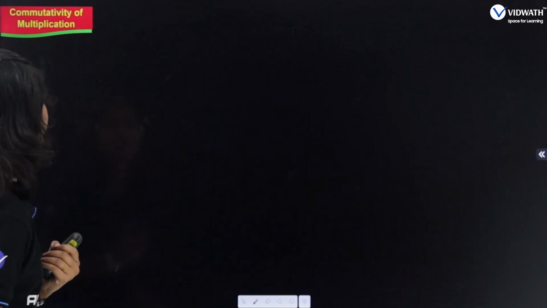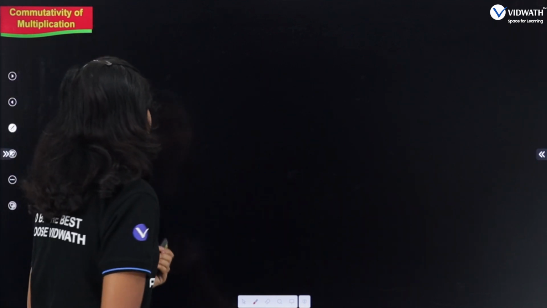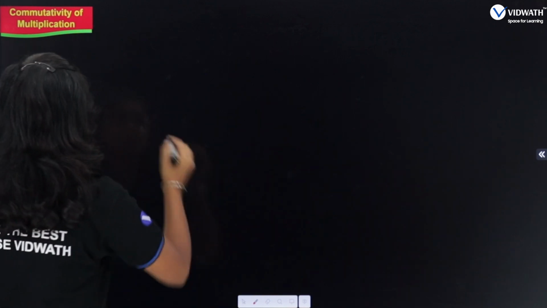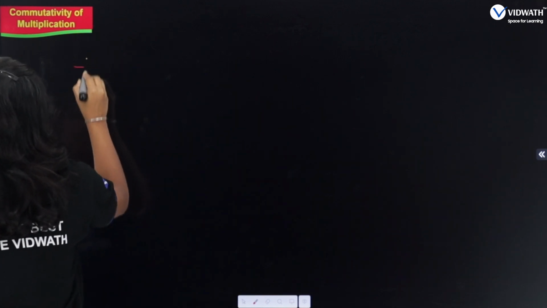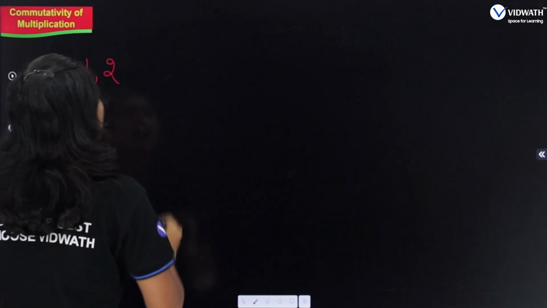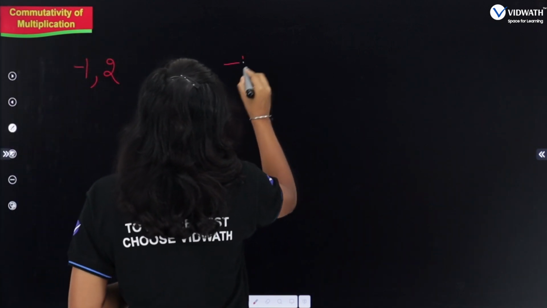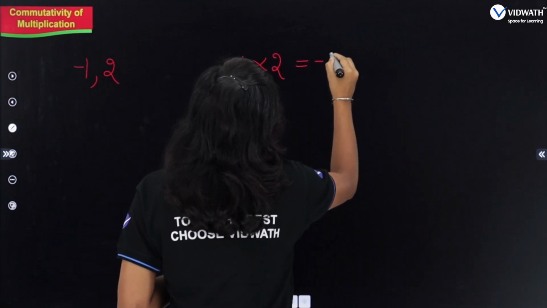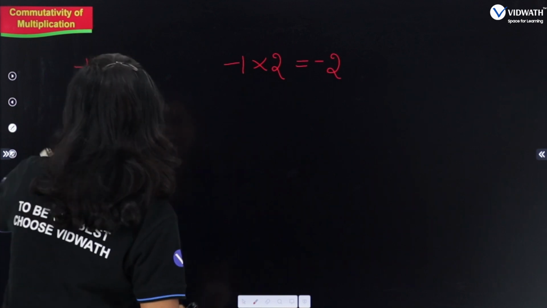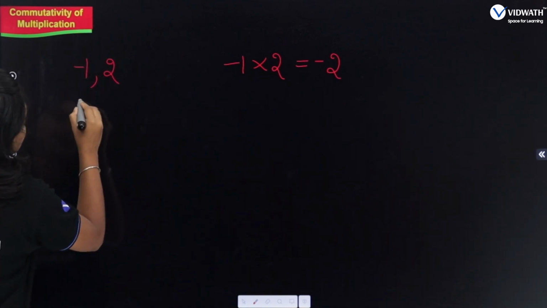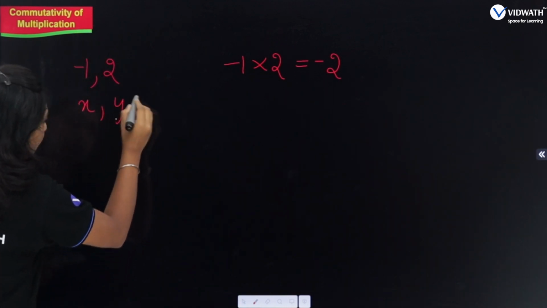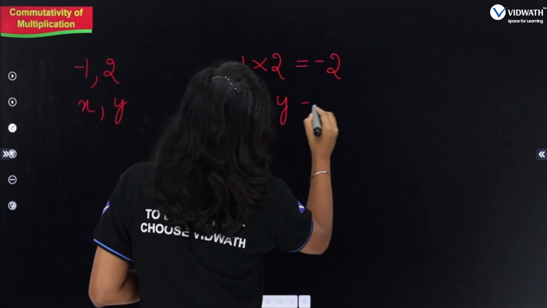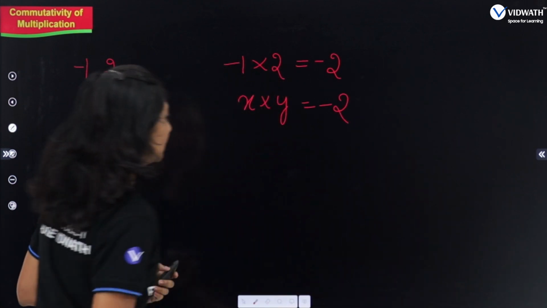Next, commutativity of multiplication. Here we take two integers, maybe a negative integer or positive integer, minus 1 and 2, and multiply them. Minus 1 into 2, we should get an integer, which is equal to minus 2. So if I assume this minus 1 as x and 2 as y and multiply them, x into y, which is equal to minus 2, right?